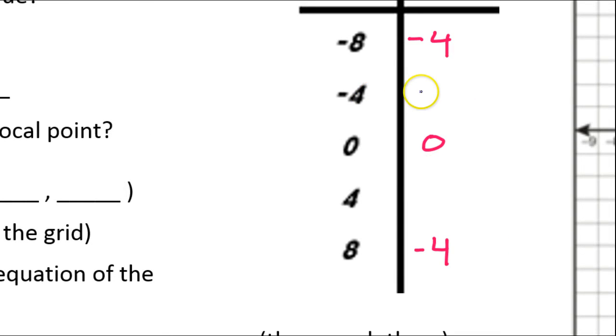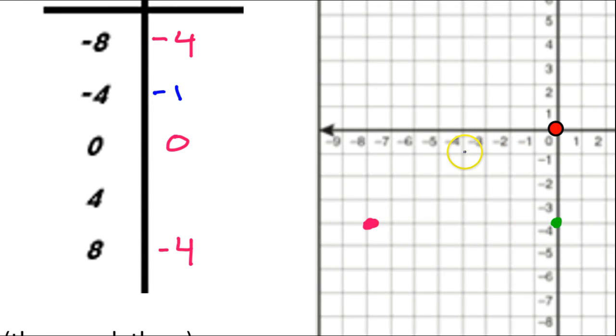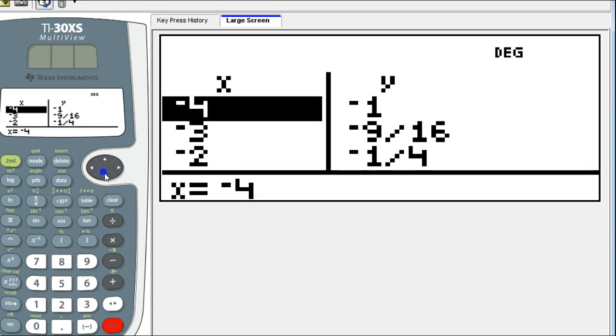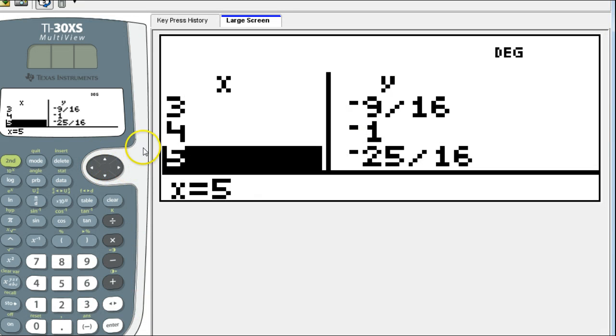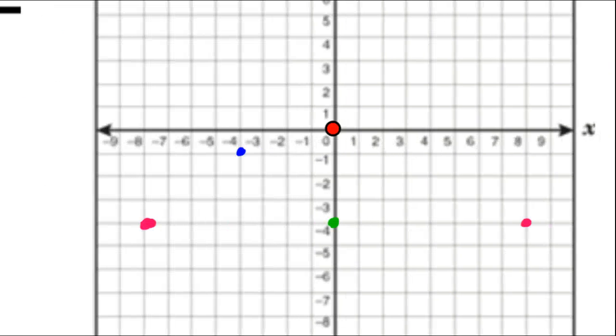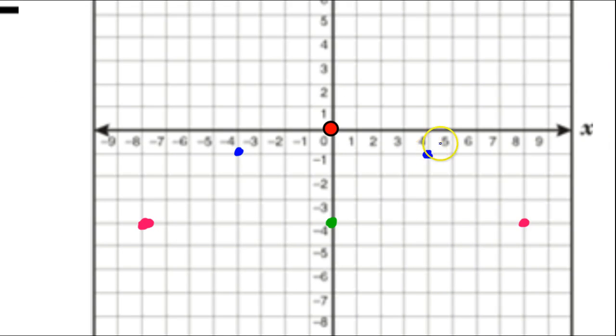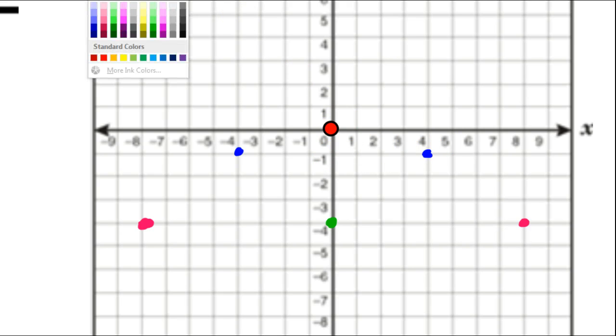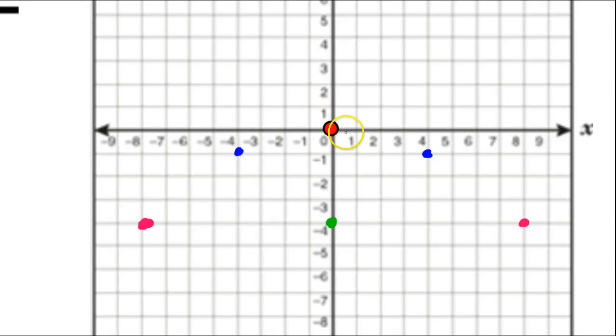So negative 4, negative 1. We can graph that as well. At positive 4, it is also negative 1. You can see how they're sort of mirror images of each other. Okay, so that gives you a good idea of what the graph is going to be looking like.